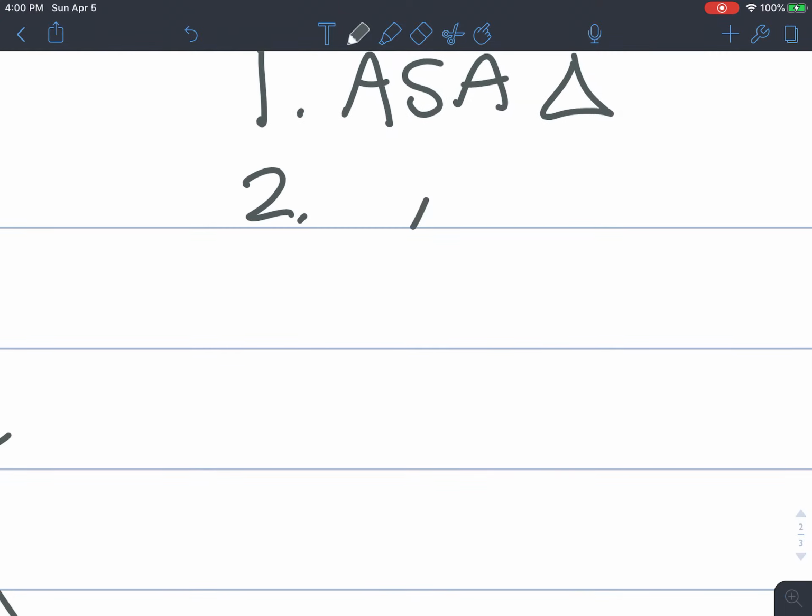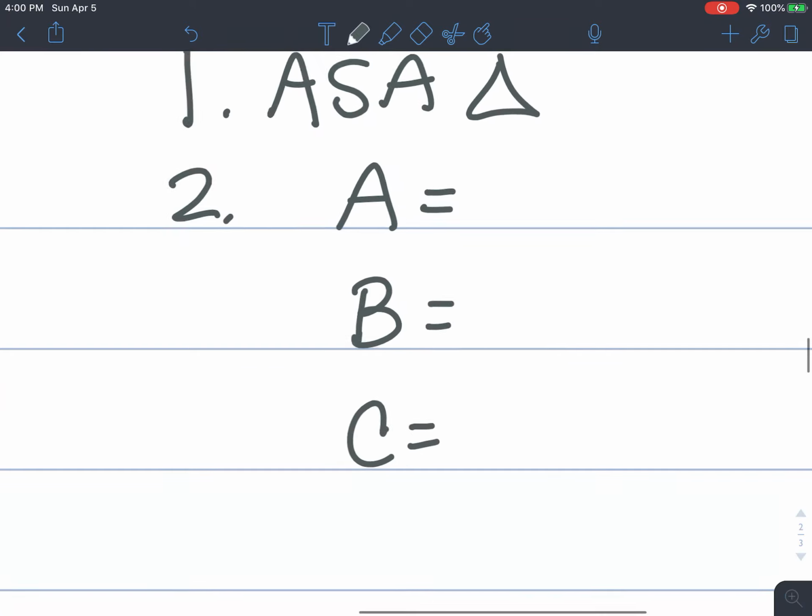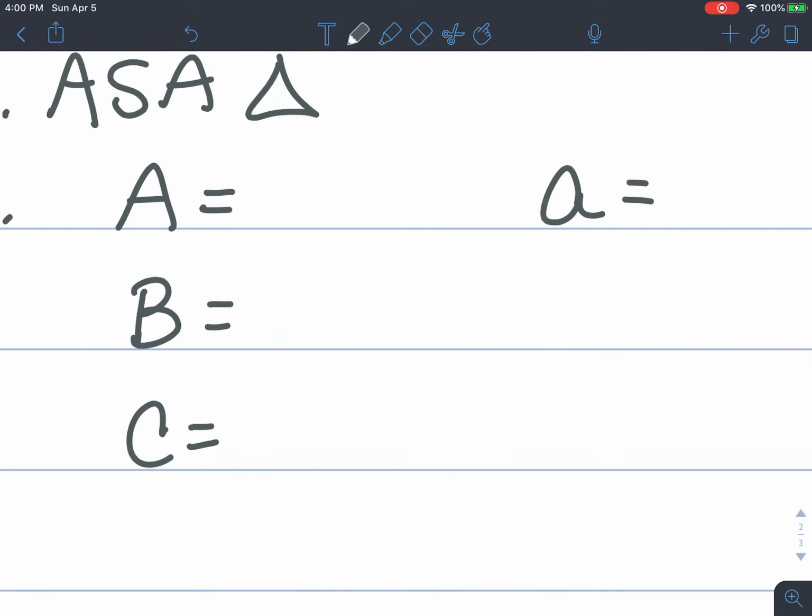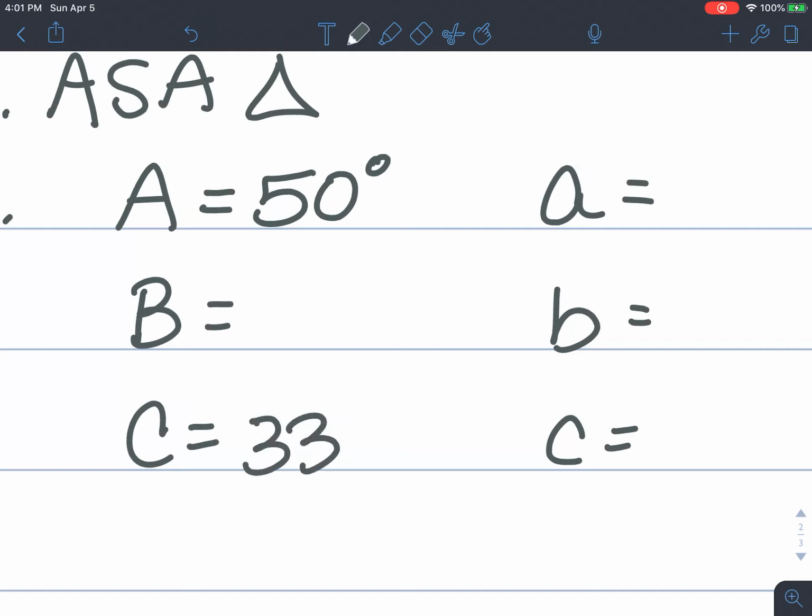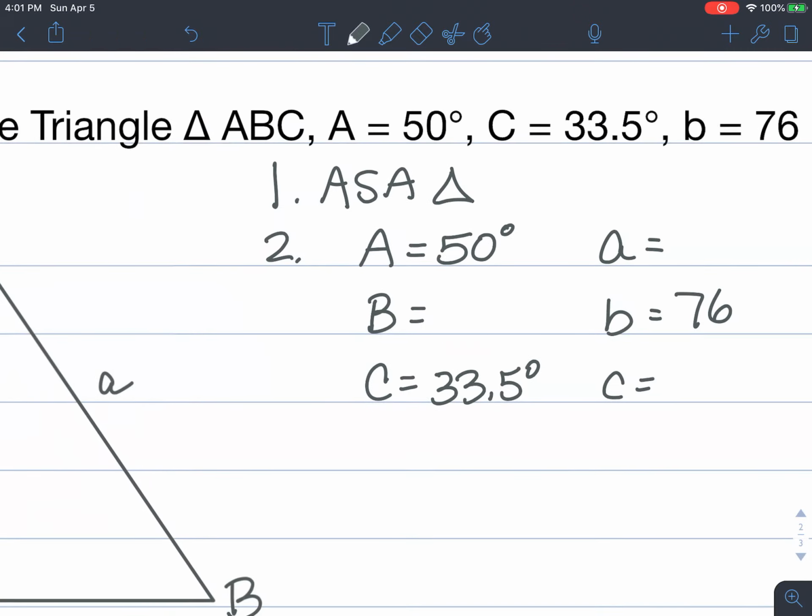Okay, and then the next thing we're going to do, make our list. Okay, A was 50, C 33.5, and B, little b, was 76.